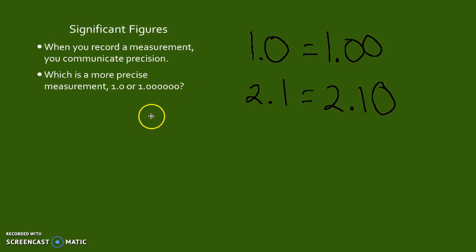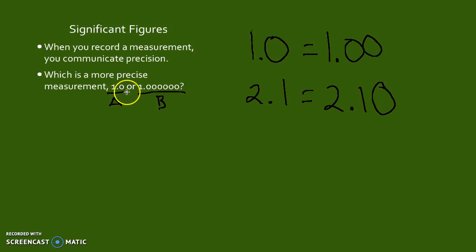So when we look at, say, the number 1.0 or 1.0000000, we're communicating something about the precision of the tool we are using to measure with. So which one, option A or option B, was measured with a more precise tool, and why? Or how do you know that?